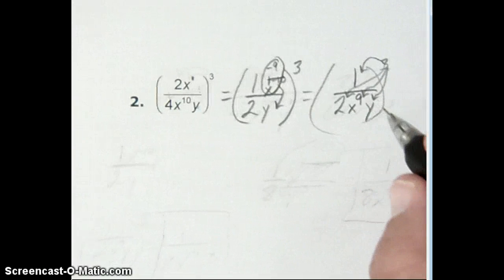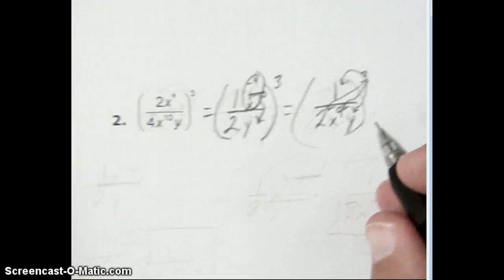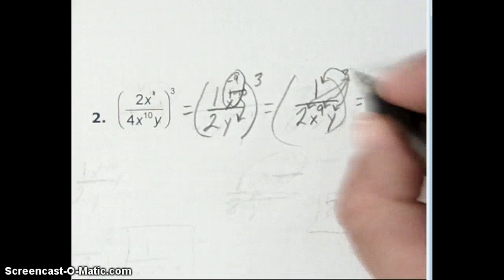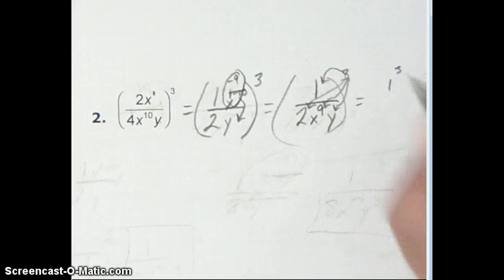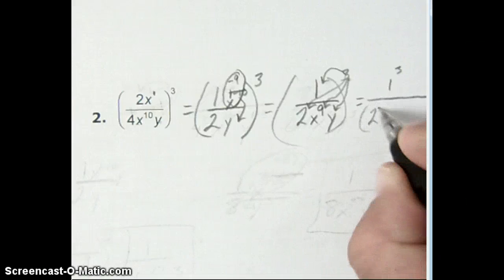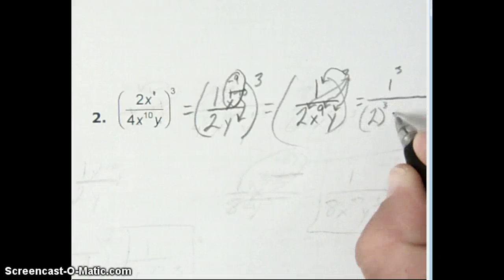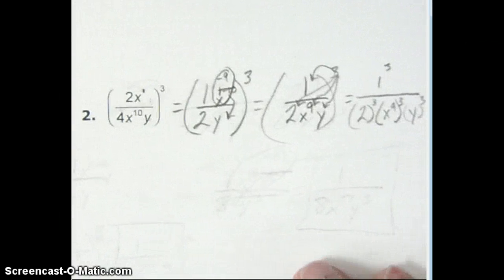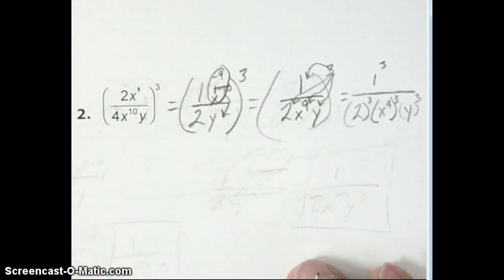So if I write this down, it's going to end up looking like this. 1 to the 3rd power over 2 to the 3rd power times x to the 9th to the 3rd power and y to the 3rd power. Okay, just so that you know that it expands out that way.